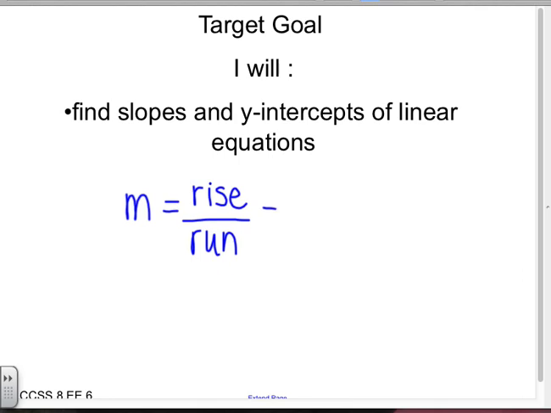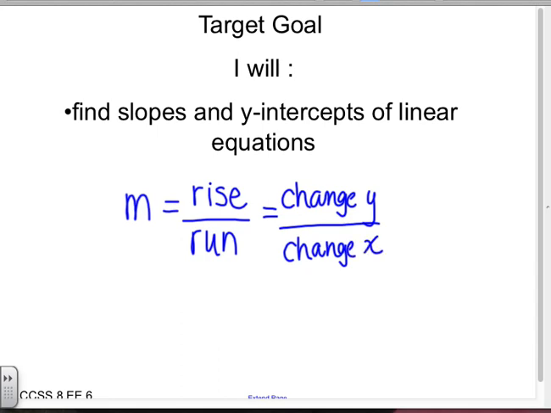And incidentally, we also calculated that to be the change in your y values from one point to another over the change in your x values from one point to another. So again, slope is always represented with the letter m, and for what we've really talked about this unit so far, slope is equal to rise over run.